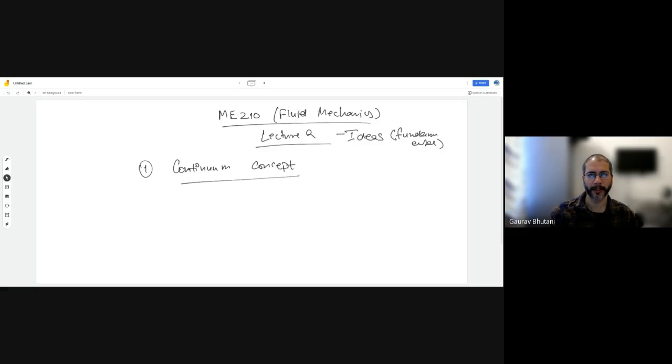Even if you see electrons and protons and neutrons, then you will see that mostly it's empty, and then very concentrated charges are there. So matter exists in a very discrete sense, but for the kind of engineering systems that we consider, let's take a very small cube. Let's say the size of this cube is of the order of 10 microns.